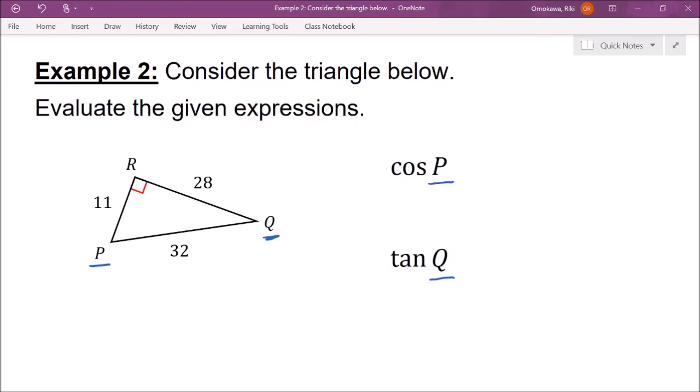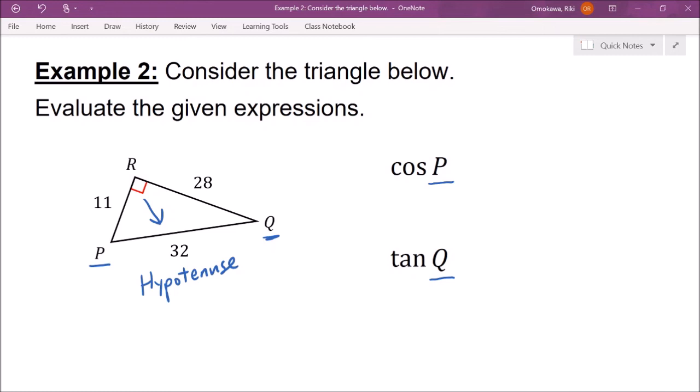Adjacent, opposite depend on what angle we're talking about. So actually hypotenuse is the same. Hypotenuse you don't need to worry about because that's always across the 90-degree angle. So 32 is the hypotenuse. But again, the other two sides you have to be careful because they're different for P and Q.